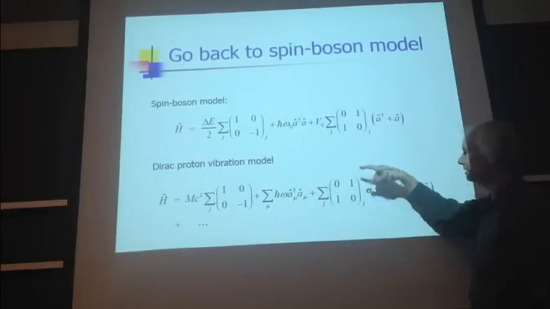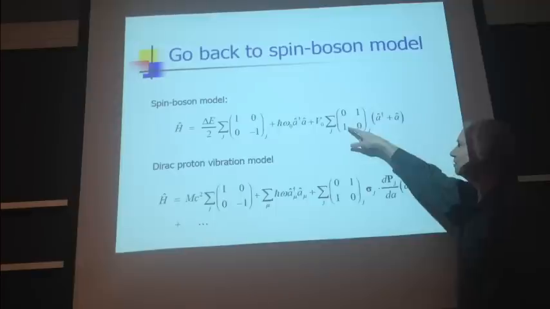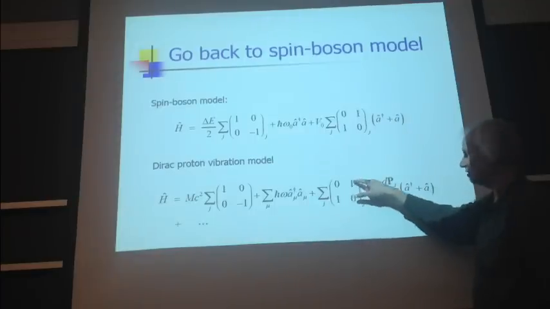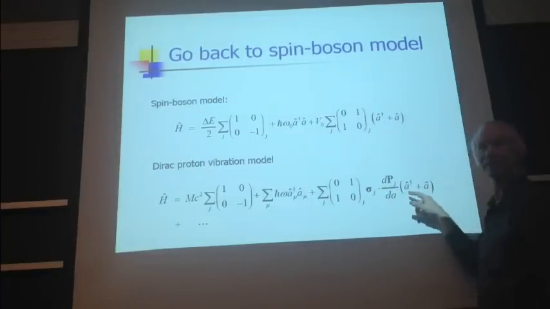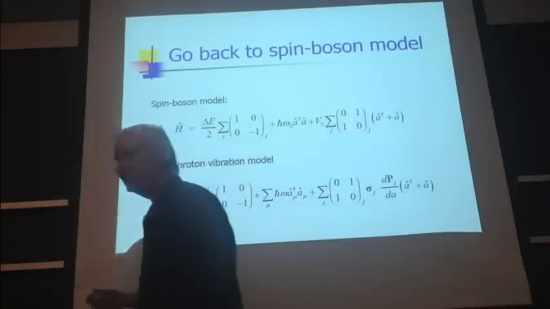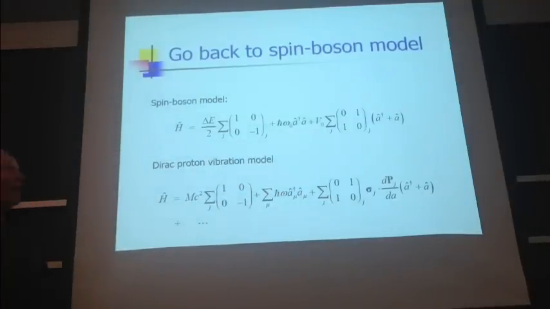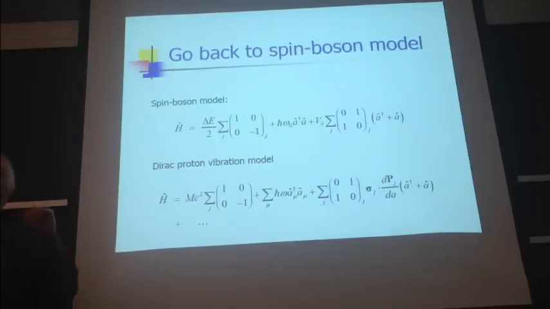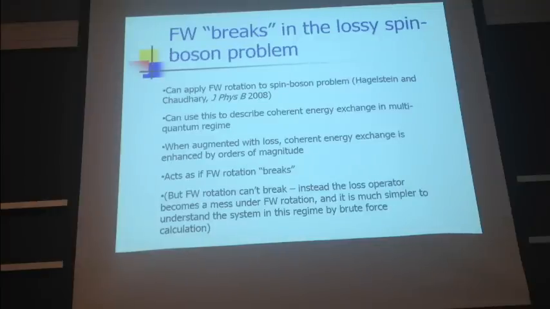Transitions. So it takes me from up to down and exchanges a quantum. Takes me from up to down, exchanges a quantum. These problems are really closely related. And in the spin boson model, I have an example where Foldy-Wouthuysen is breaking. So I'm looking at the possibility of there actually being some fine print here. And this is interesting.